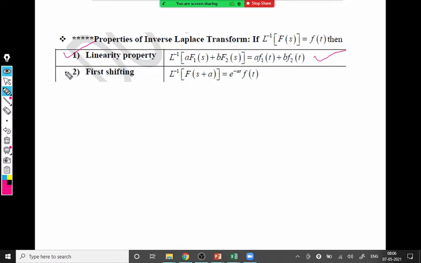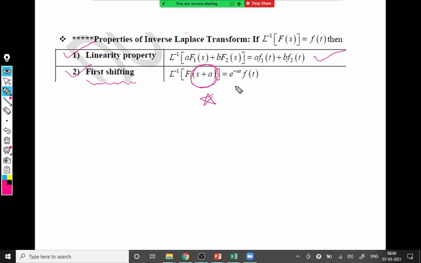Second property is the first shifting property. Now this is one of the tricky properties in the inverse part, because of what we should have in order to use this first shifting property. The requirement of the first shifting property for the inverse operator is that every s should be in the form of s plus a.